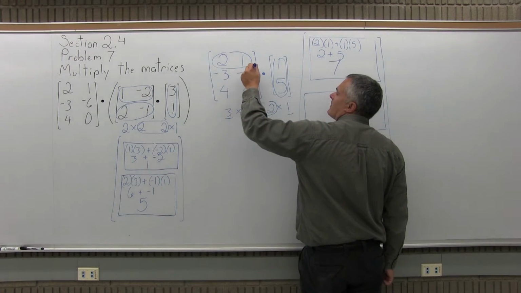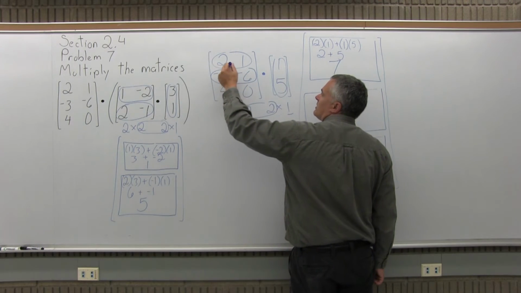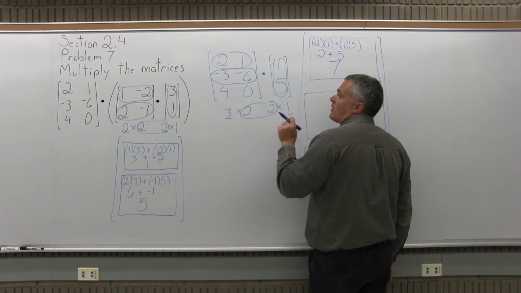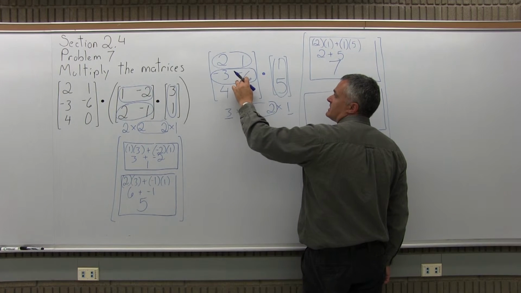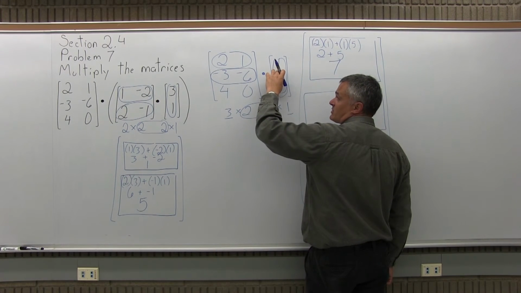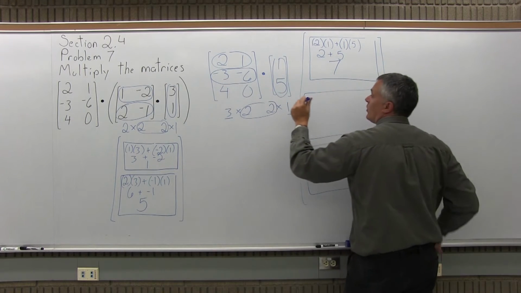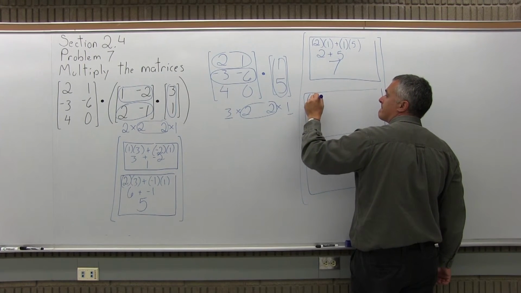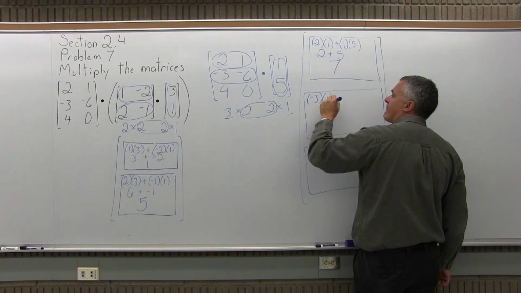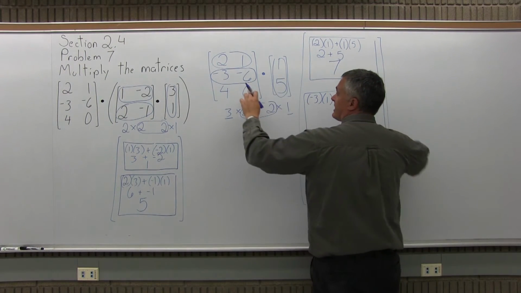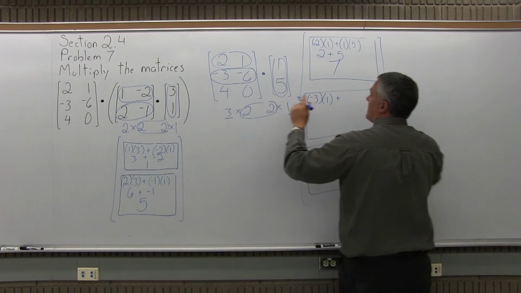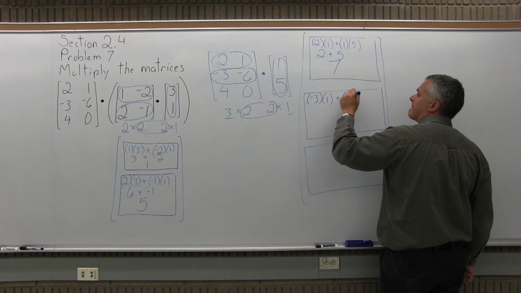Now, the next thing I'll do is multiply the middle row of the first matrix, -3, -6, times the only column of the second matrix, 1, 5. First times first, -3 times 1, plus second times second, -6 times 5.